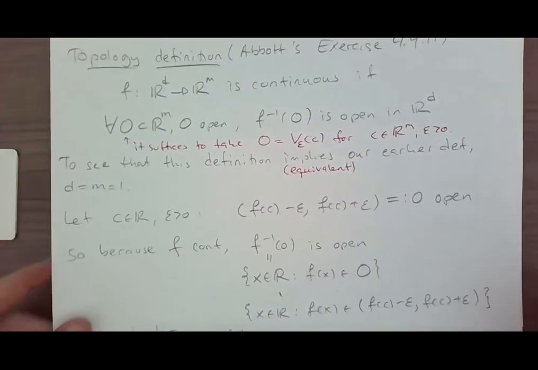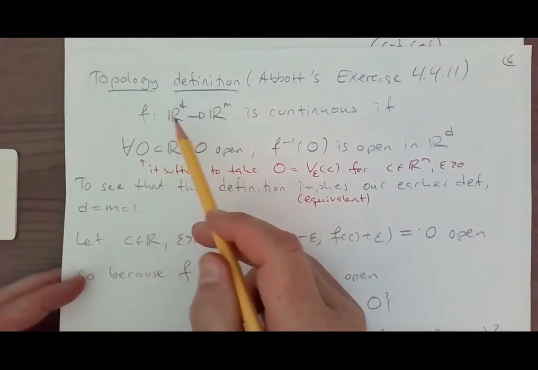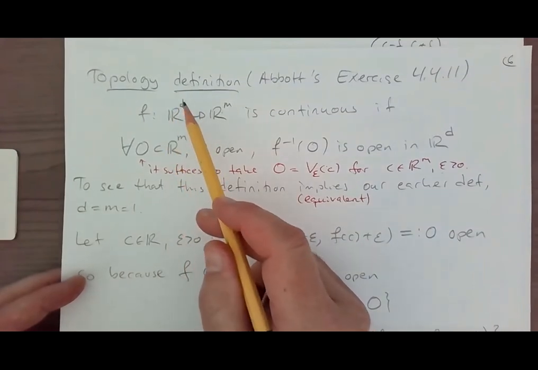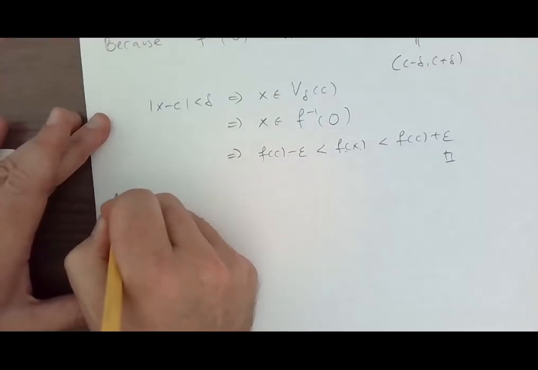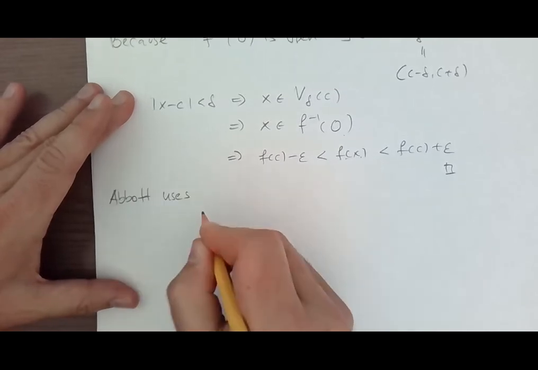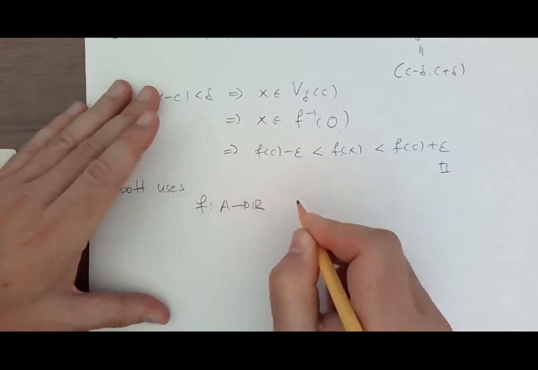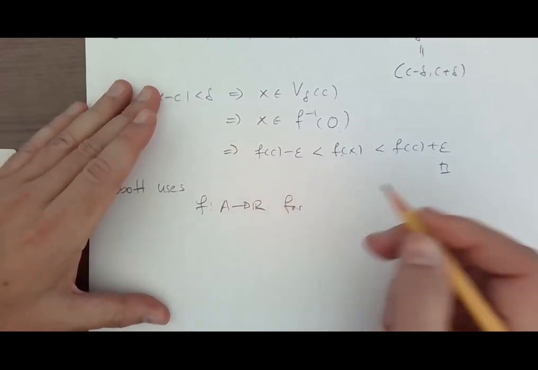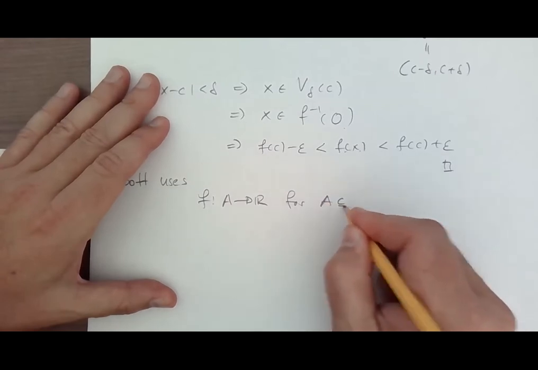So there's one little problem here. The problem is that we wrote f of R^d here. And so Abbott, I want to show you this. Abbott considers f of A going into R for some subset.